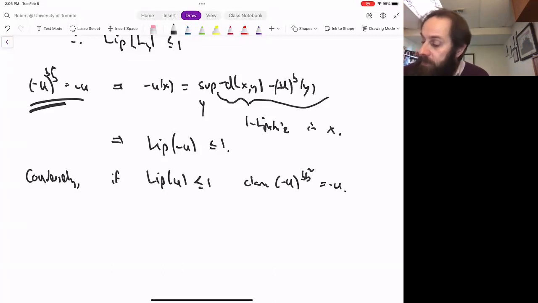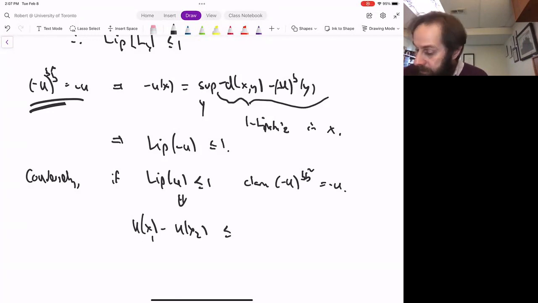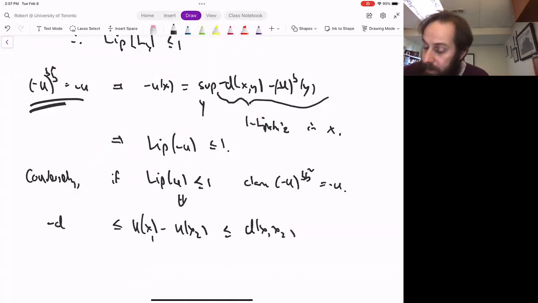So what does Lipschitz constant of U less than 1 mean? It says that U of X1 minus U of X2 is always less than D of X1, X2 and also bigger than minus D of X1, X2.